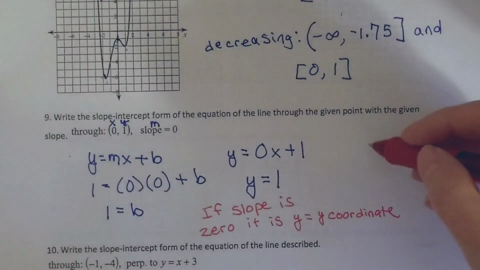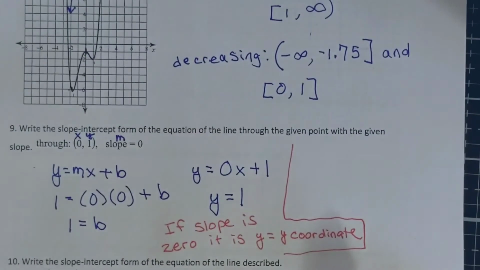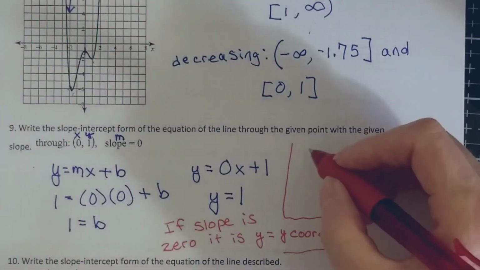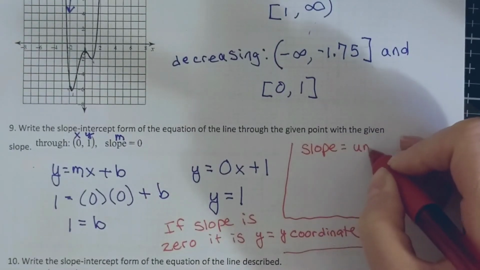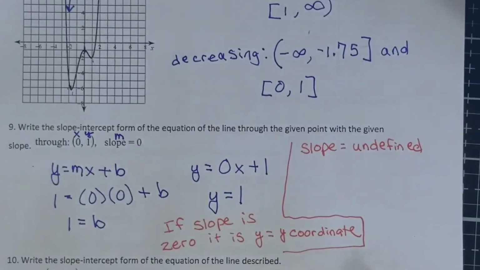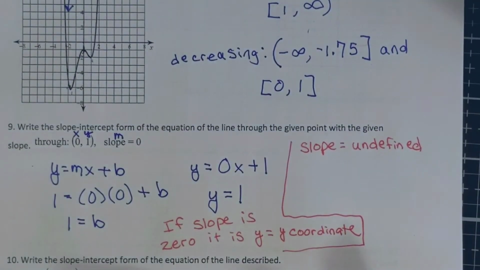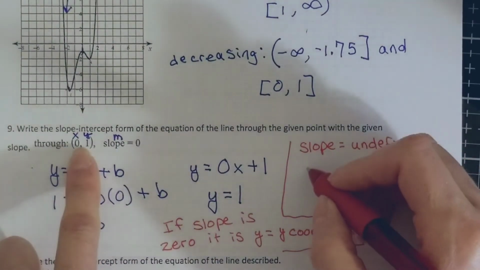All right, now, as a little side note here, if they told you the slope was undefined, you can also use a little trick and do this very quickly. It would be x equals, and you pick the x coordinate.